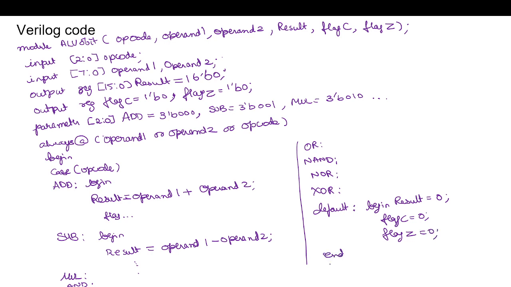This is for this, then endcase, end for this always block, and then endmodule. So in this way, you can write the Verilog for the 8-bit ALU.